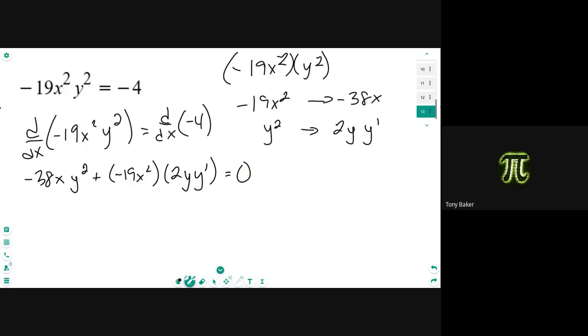So negative 19x squared, y squared. So I have to do this as a product rule.